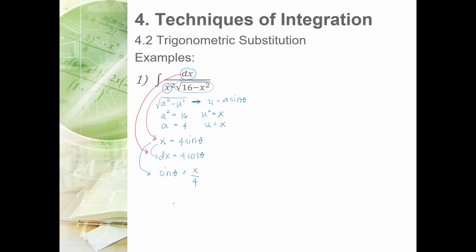And after isolating, I'm going to create a right triangle. Let me draw it. So for example, this one is theta. And again, sine function, right? x over 4.